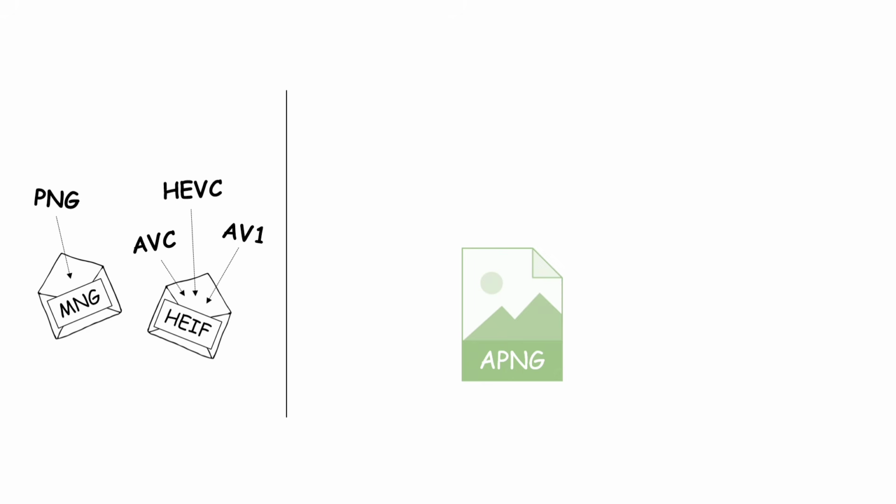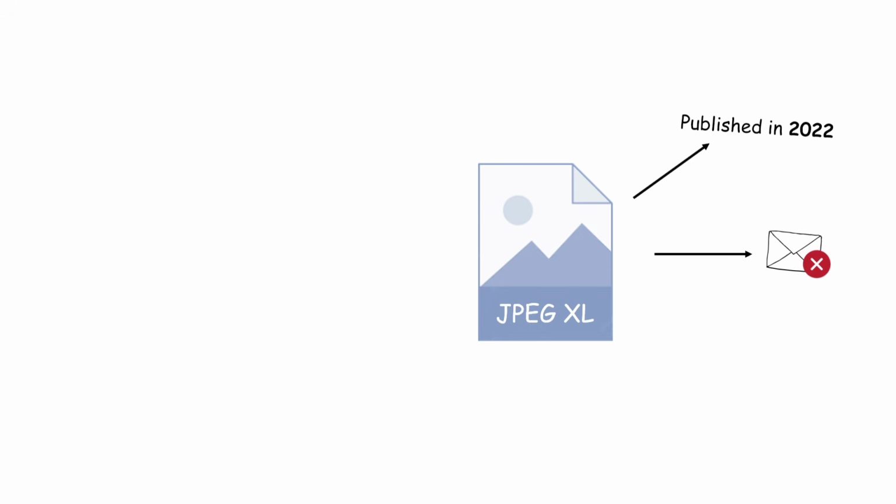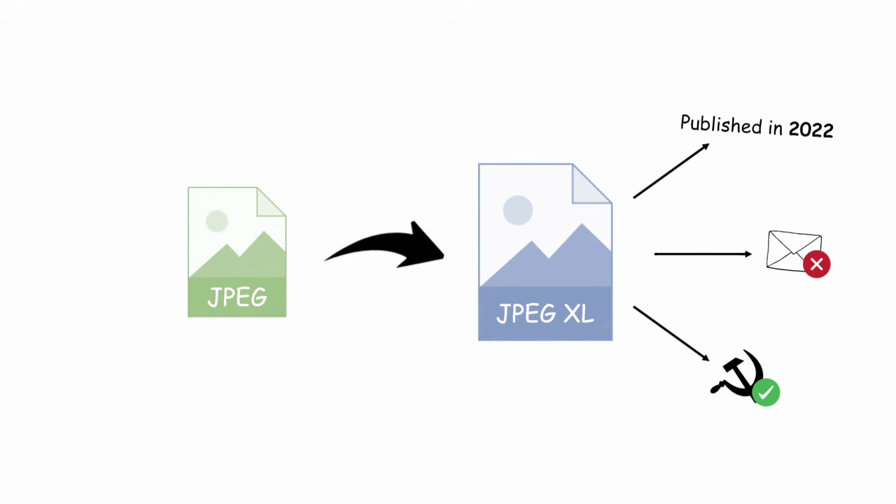Unlike MNG and HEIF, which are containers for other formats, APNG, which is built on the old PNG format, and HEIC and AVIF, which are made from the combination of a container and an image codec, JPEG XL is a new format without a container and completely redesigned from scratch to replace JPEG, but it's completely unrelated to JPEG.